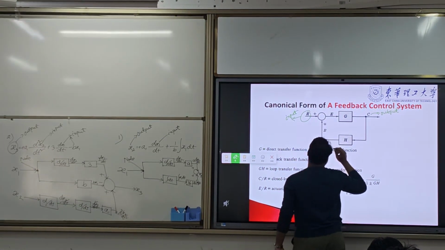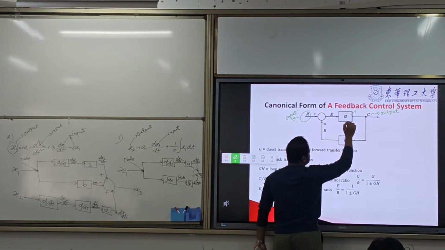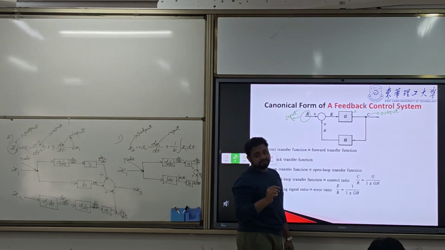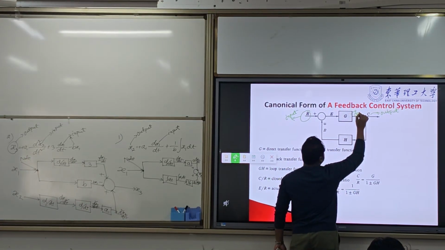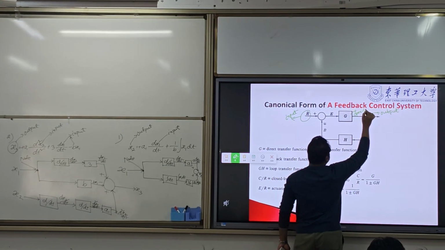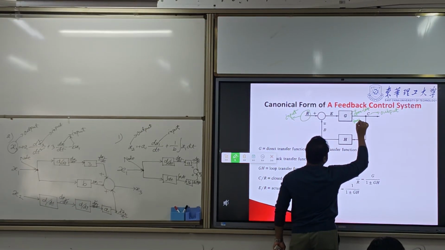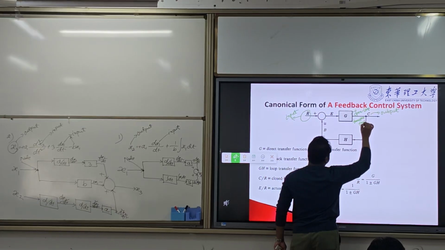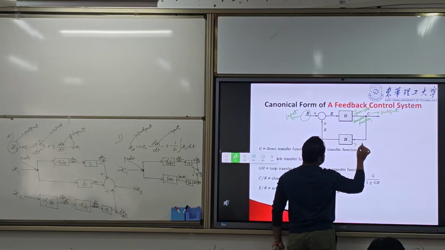And here this is G, called the open loop transfer function, and this is the feedback.